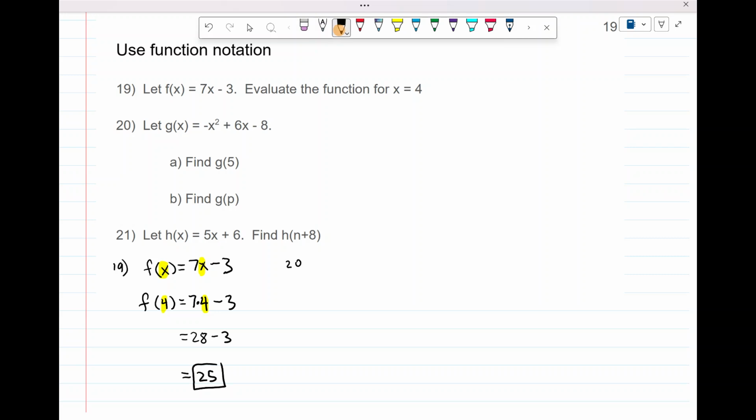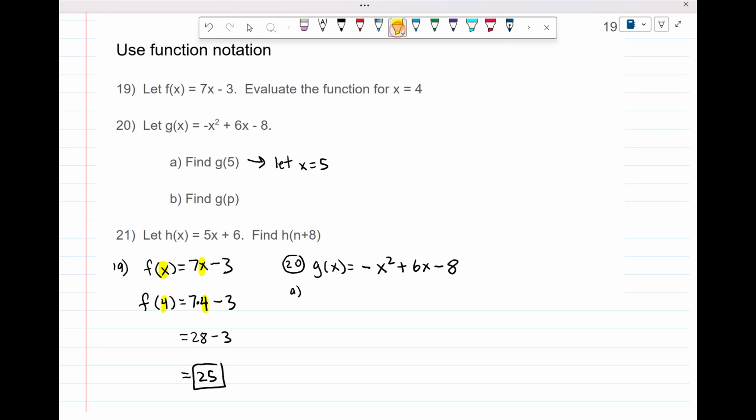Number 20. Here we have g of x is equal to negative x squared plus 6x minus 8. And we're actually going to do two different problems. First, we'll do A, where we're going to find g of 5. That means we are letting x equal 5.